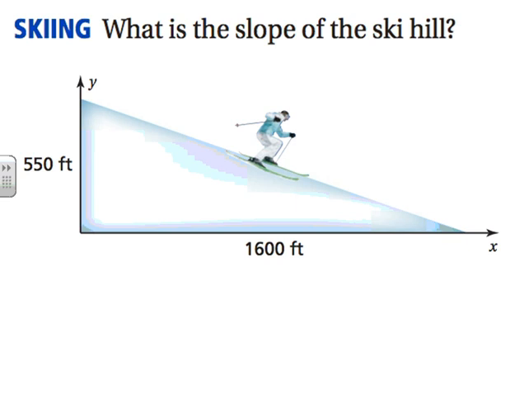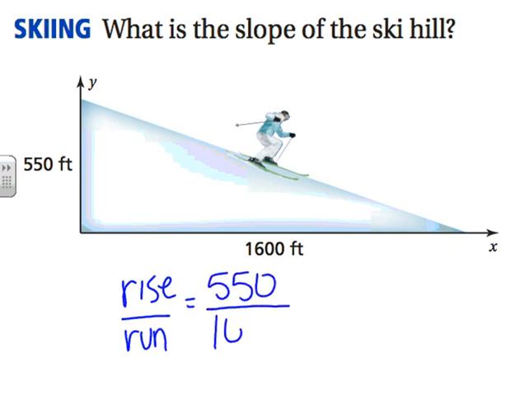All right, next one, slope of the ski hill. So just like before, rise over run. So that would be 550 feet over 1,600 feet. And then we can start simplifying. That would be 55 over 160 if I divide by 10.